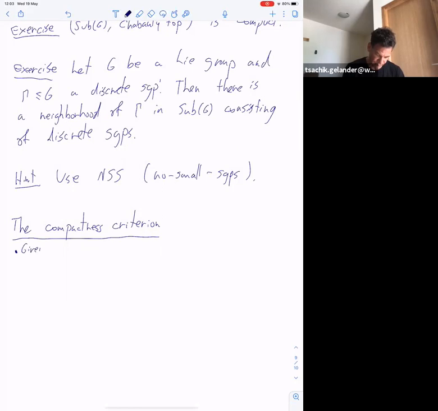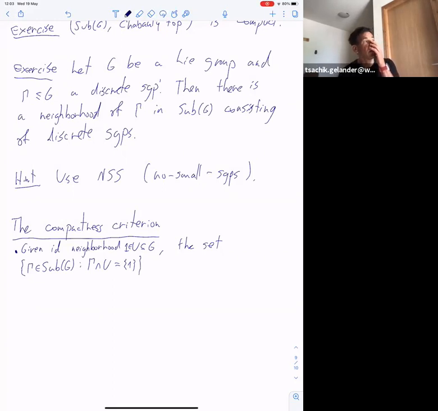So, given an identity neighborhood U in G, the set of gamma in Sub G, all discrete subgroups, such that gamma intersection U is the trivial element, is closed. Is that true? Yes, it's closed.